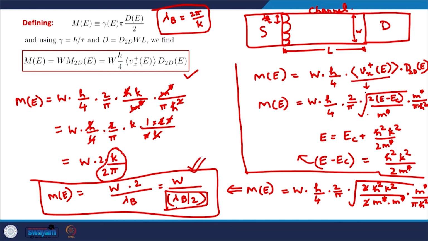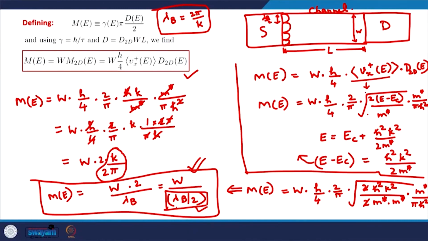This is an interesting and important intuitive result actually. So please keep this in mind, because this makes the idea of modes more physically clear to us. Why this idea is important and how it is different from the density of states: as you might recall, in density of states we have the number of allowed electronic states per unit energy per unit volume, and those energy states are discrete. There is no broadening of energy levels, and we do not say that the electron is occupying a certain space.